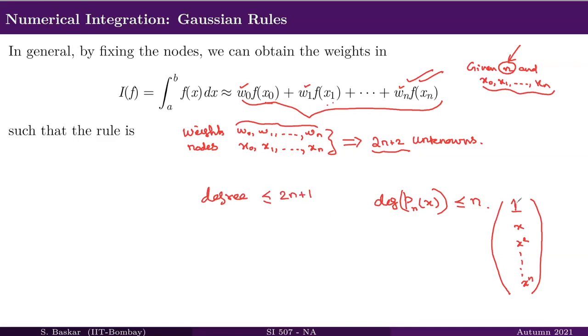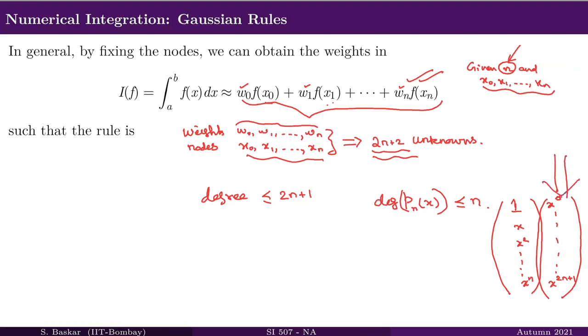So that if you start from x to the power of 0 and go up to x to the power of 2n plus 1, you have totally 2n plus 2 constraints to be satisfied, right? And you have 2n plus 2 unknowns. Therefore, you have scope to obtain the weights as well as the nodes by imposing these conditions.